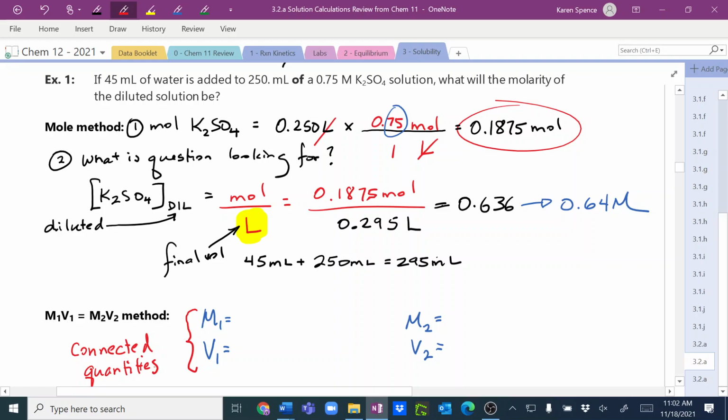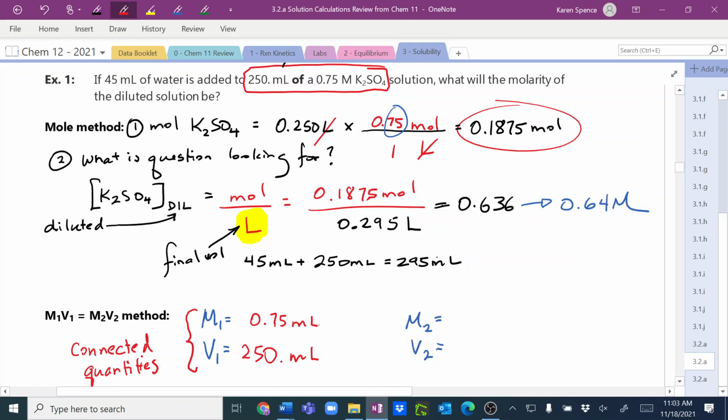So, M1 and V1, are there any 2 connected quantities in that question? Yeah, we have 250 milliliters of 0.75 molar. So V1 is going to be 250 milliliters, and M1 is 0.75 molar.